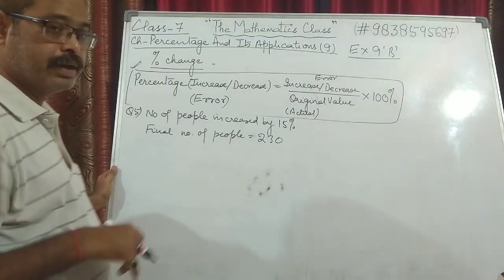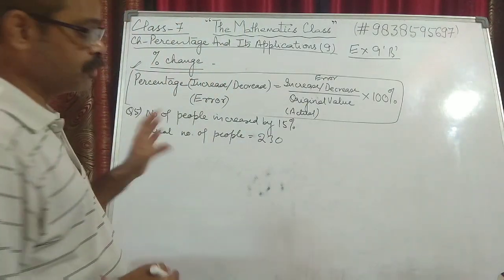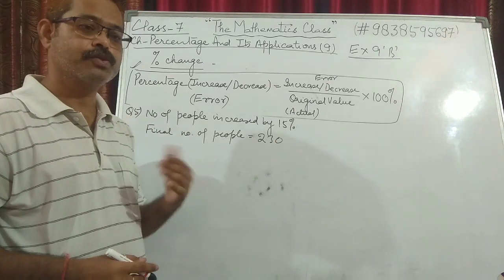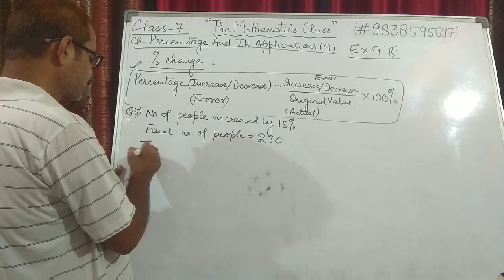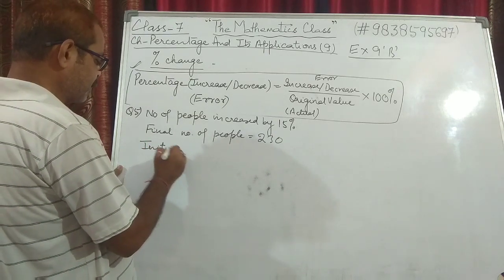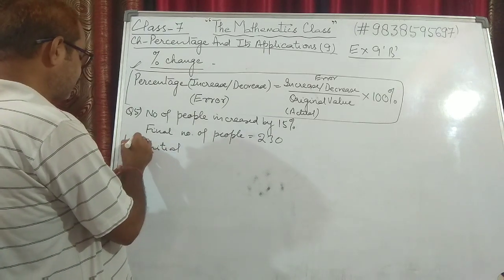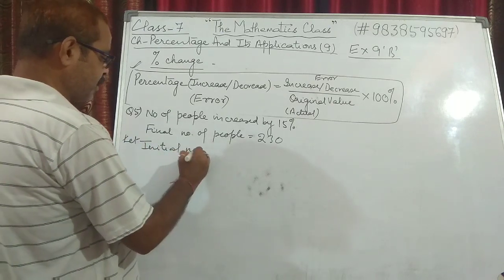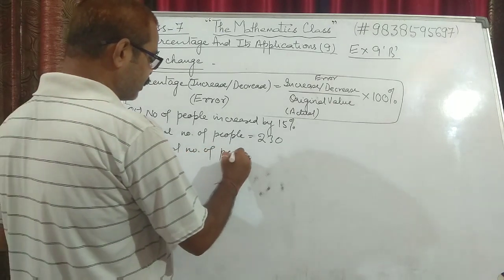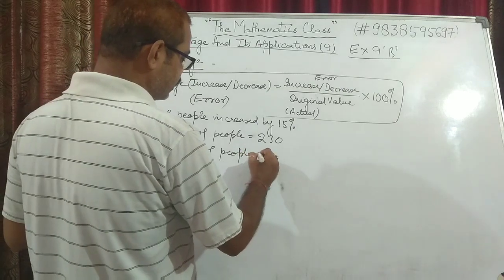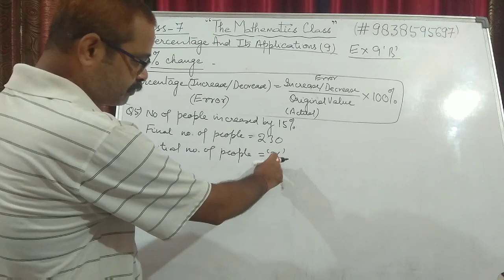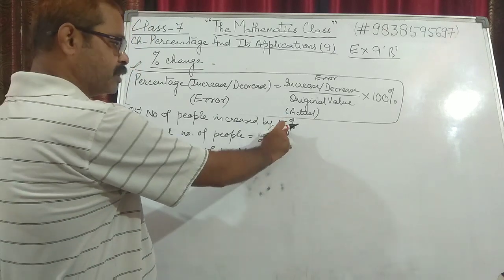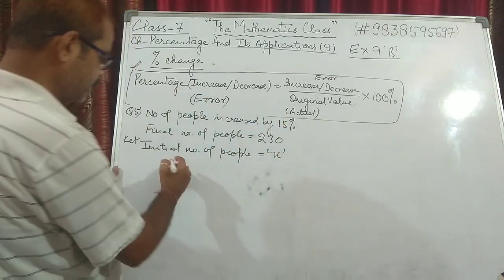We need to find the initial number of people, and we don't know the value, so we will assume let the initial number of people be x. Now of this x, 15% has been added.